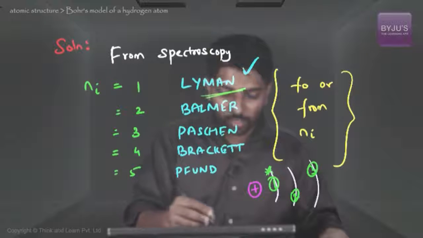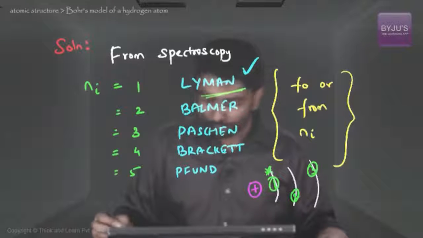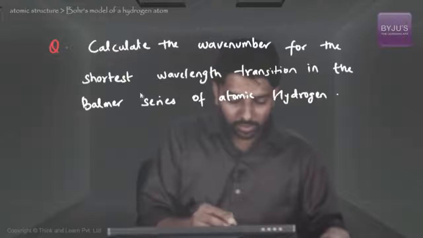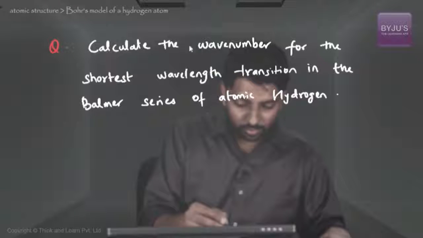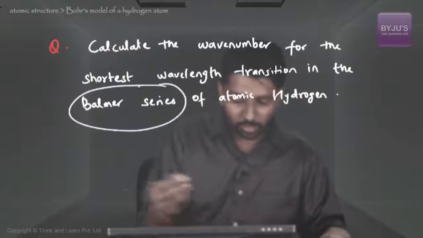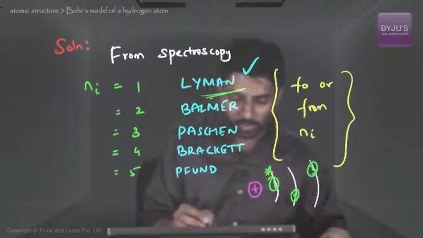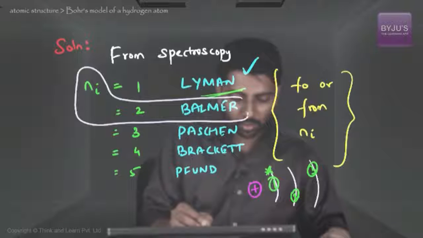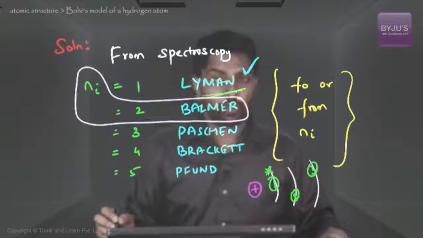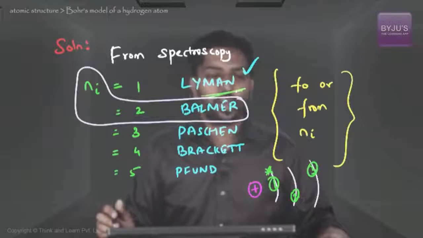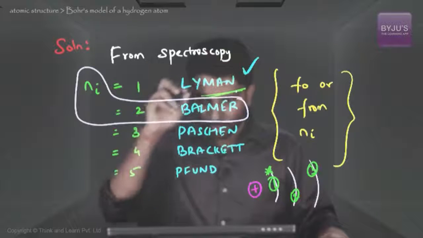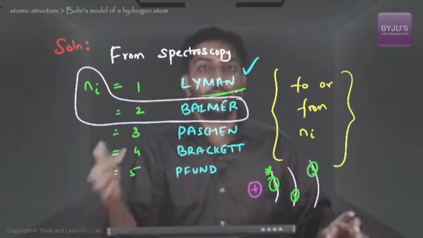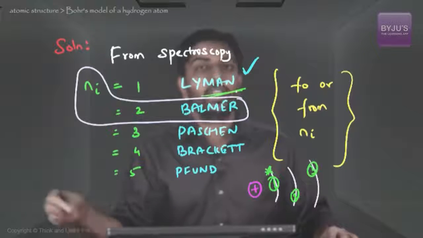If you go back to the question, it is for the Balmer series, is it not? We are looking at the Balmer series. So the Balmer series is n_i equals 2. We are looking at a transition where the electron is in n equals 2, a stationary state or orbit corresponding to n equals 2.